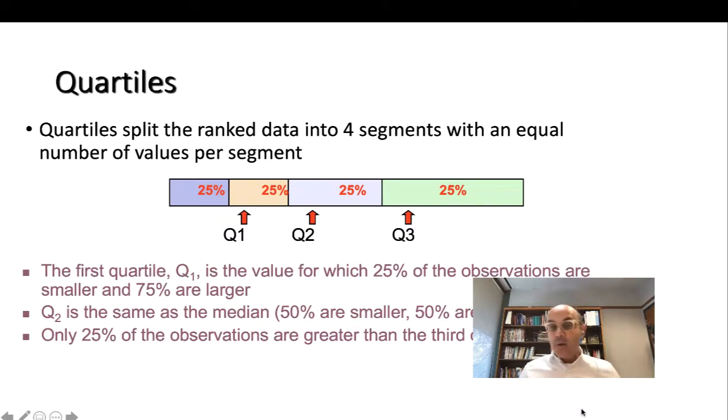Another way is to divide the data set into four segments with an equal number of values per segment. What we actually do is divide it into 25%, 25%, 25%, 25%, which gives us Q1, Q2, and Q3.